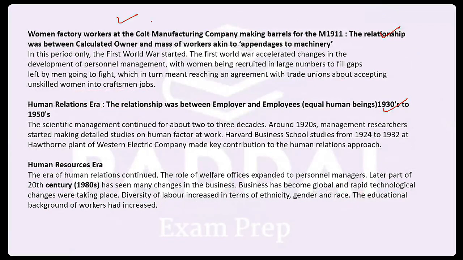Then after that, somewhere women started taking part in manufacturing companies. They started being included in craftsman jobs. So there was a small era between the scientific era and human relation era, and the relationship was between the calculated owner and a mass of workers akin to appendages of machinery.